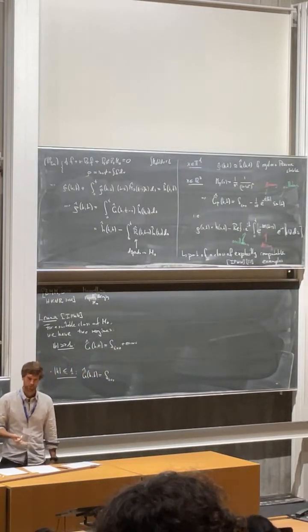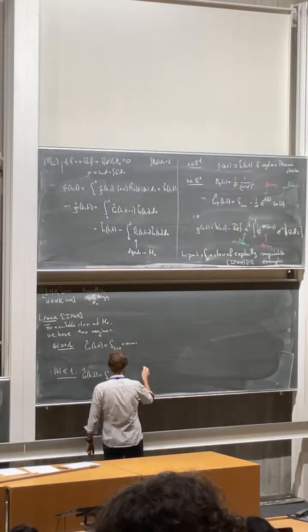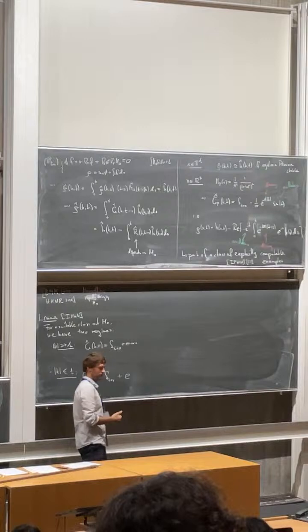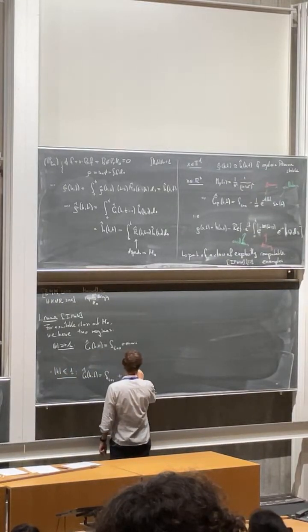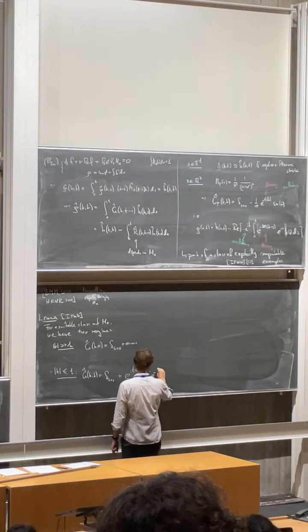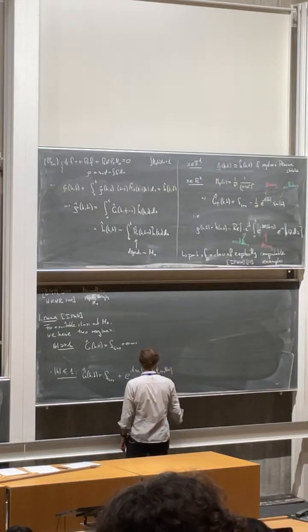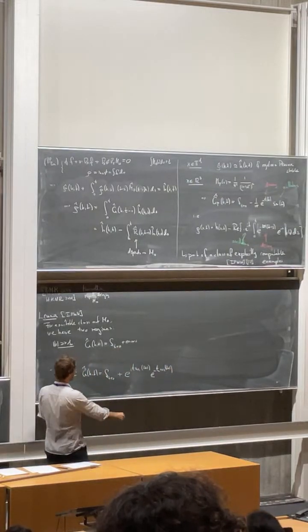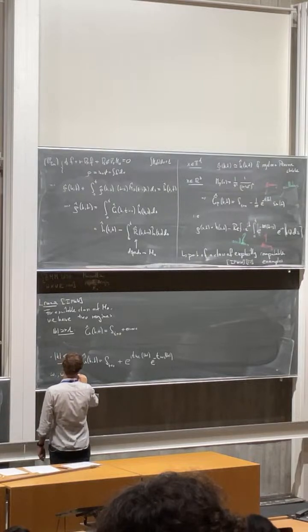But then there's a new component. We're going to simplify it a little bit, but essentially it's something that oscillates and decays. Right? So it's e to the i t omega 1 of k, and e to the minus t omega 2 of k. k is the frequency, and here omega 1 and omega 2 are real valued functions.